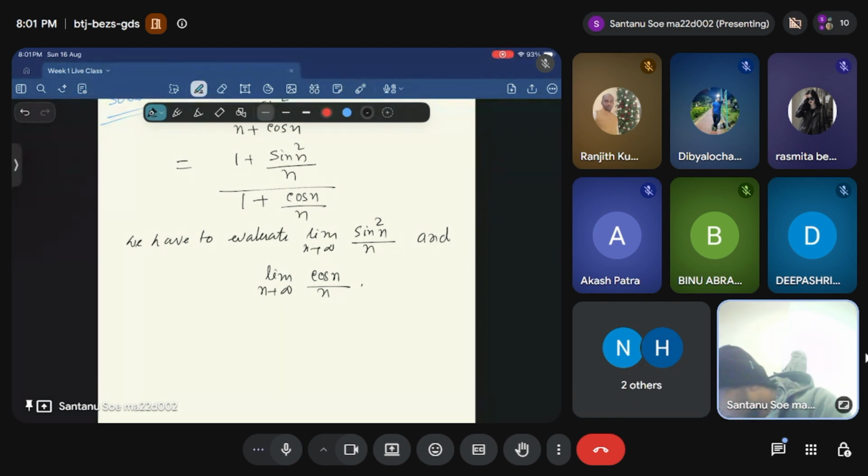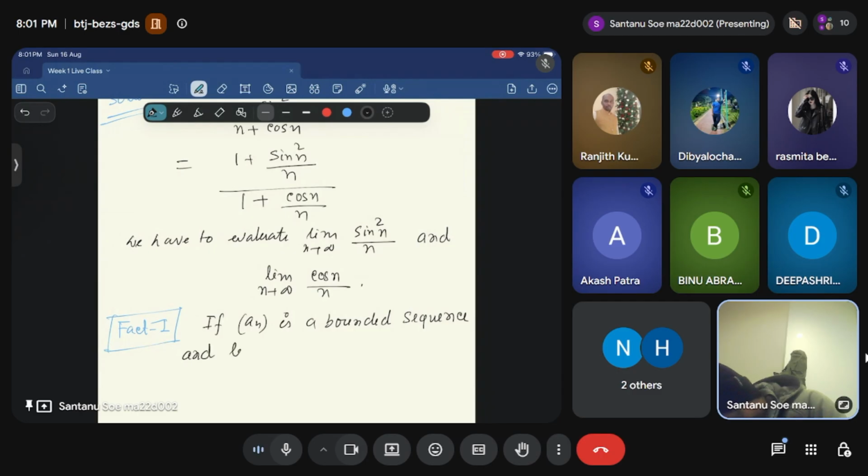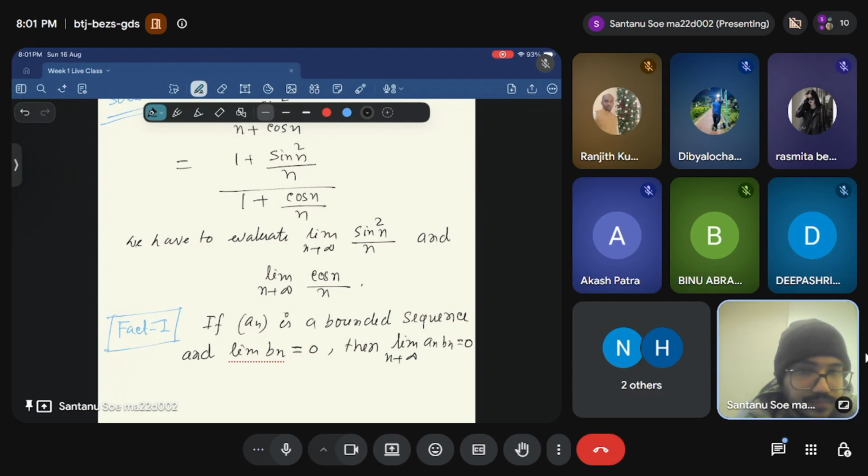So this is fact 1: if a_n is a bounded sequence and limit of b_n is 0, then limit of a_n b_n is also 0, correct? This is what we are using.